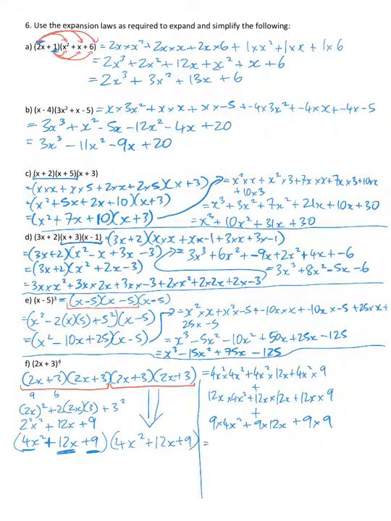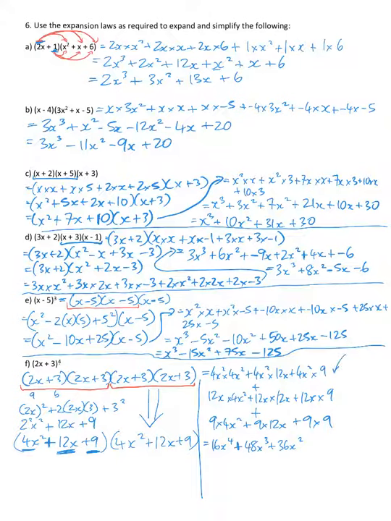So 4x squared times 4x squared is 16x to the power of 4, plus 4x squared times 12x is 48x cubed, plus 4x squared times 9 is 36x squared. That's the top line done.